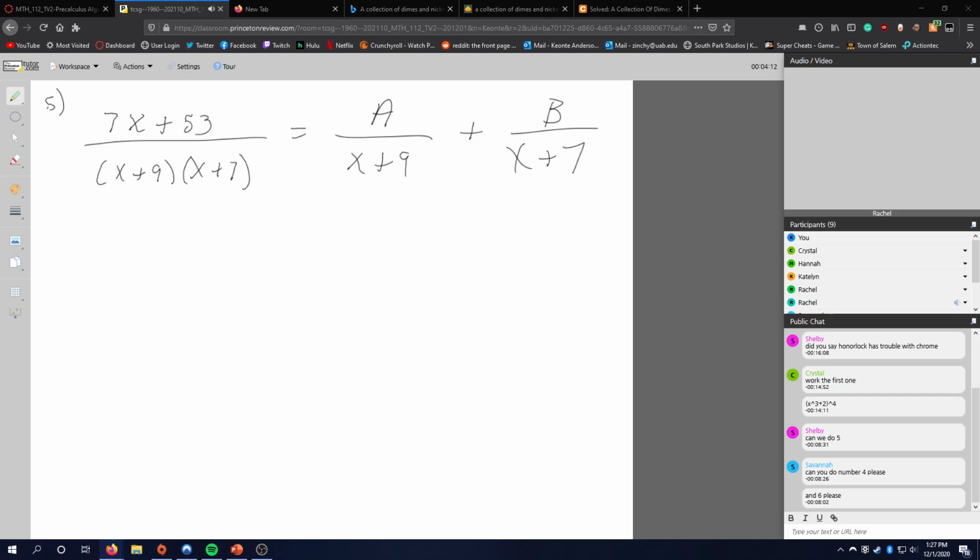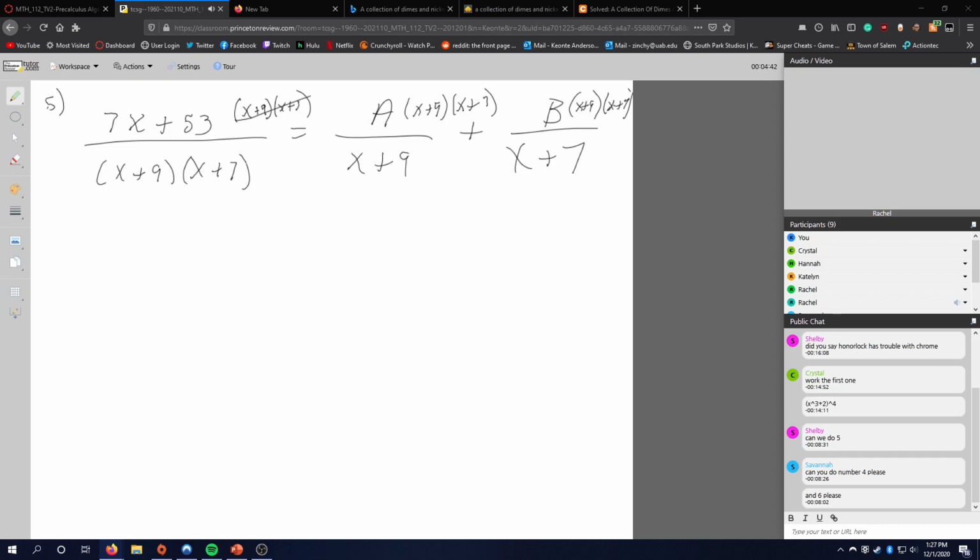Okay, so I'm going to multiply everything in the equation by the least common denominator, which is x plus 9, x plus 7. So both sides I need to multiply by x plus 9, x plus 7. That's the least common denominator.